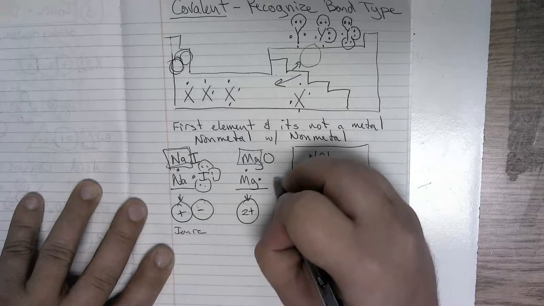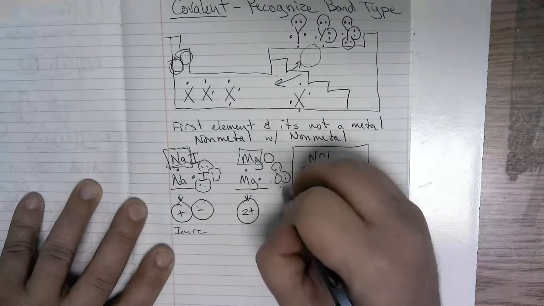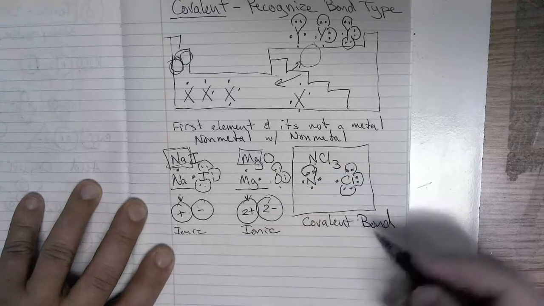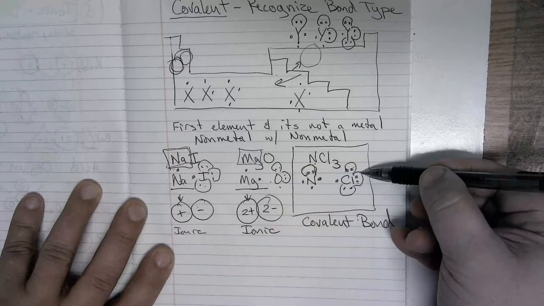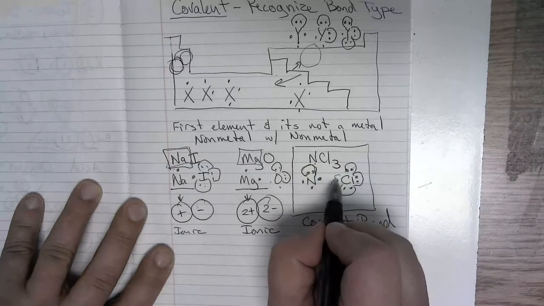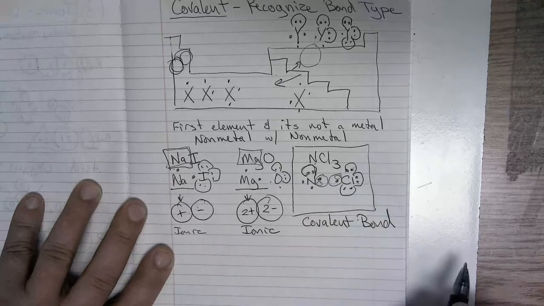The oxygen has 6 dots, and he just needs 2, so he's going to go 2 minus, and he's ionic. But these guys are not going to form ions. They're going to take the open spots, and they're going to need to create bonds.